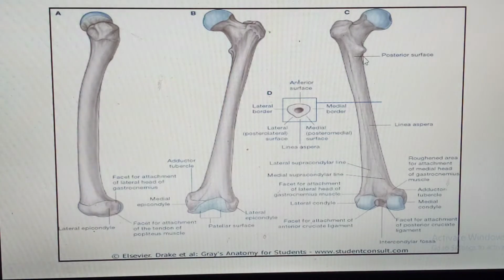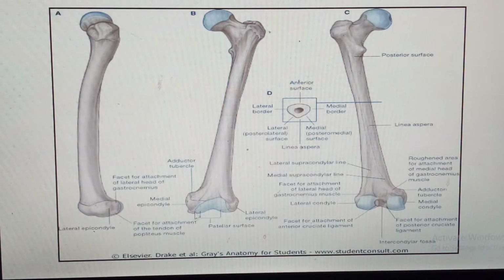And I also have the pectineal line there, and as it descends, it gives us these 2 lips posteriorly, and those lips represent the lateral, and of course the medial supracondylar lines.